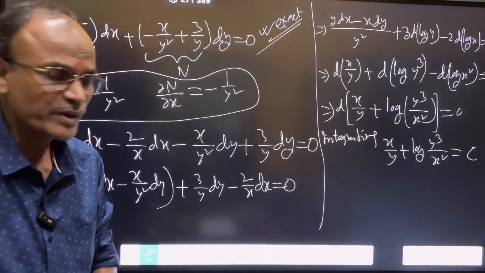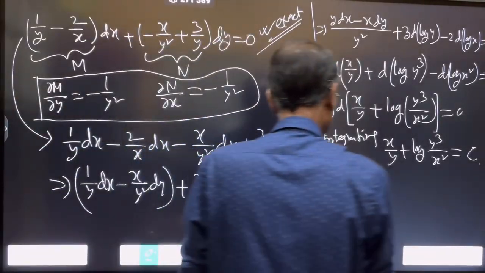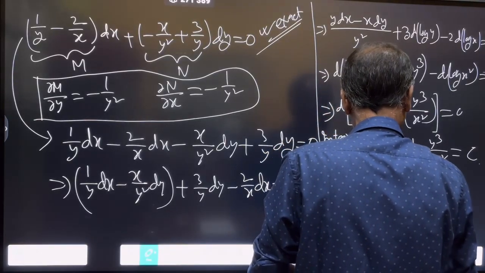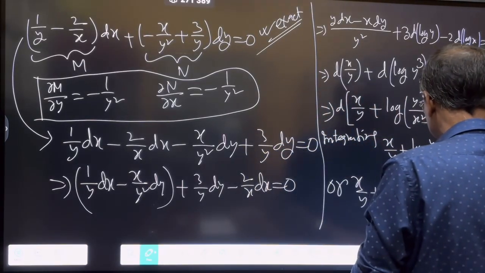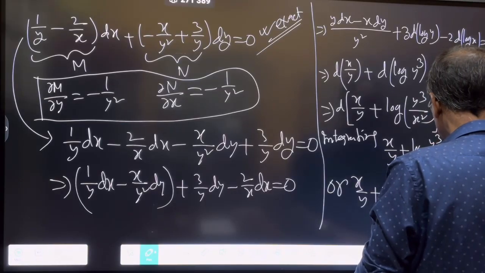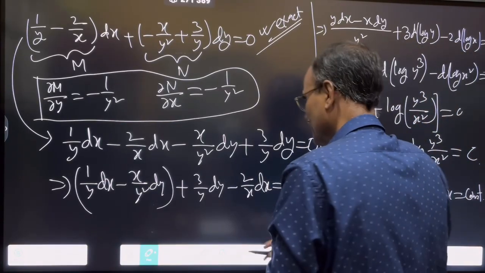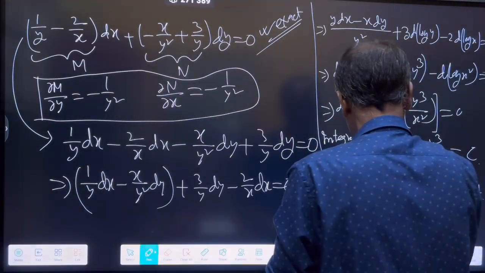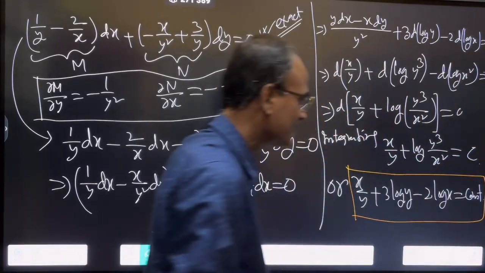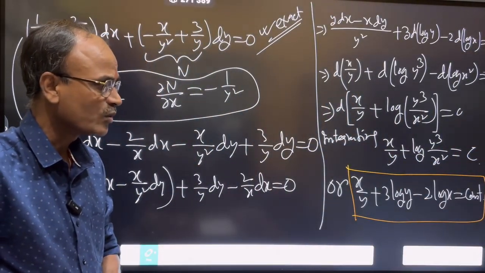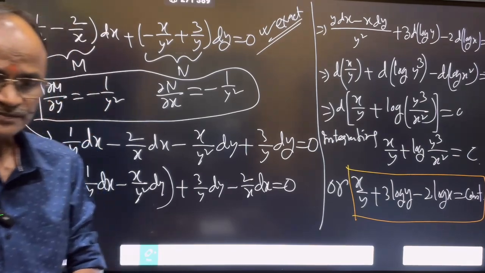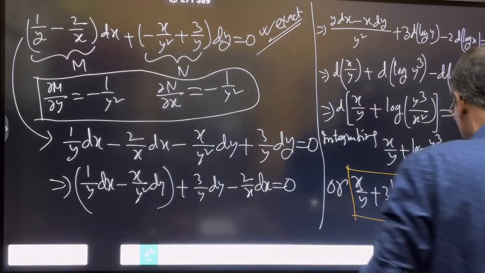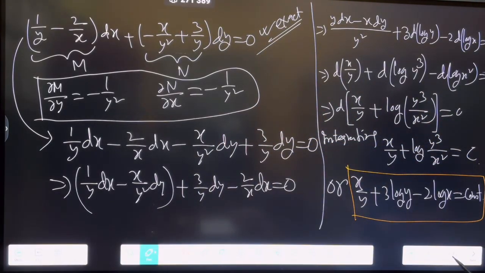Or x by y plus 3 log y minus 2 log x equal to constant, any constant. Therefore, this is the solution of the differential equation.